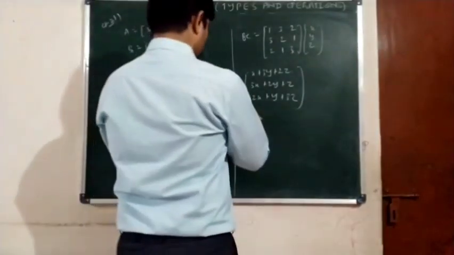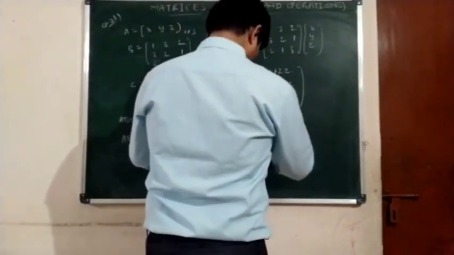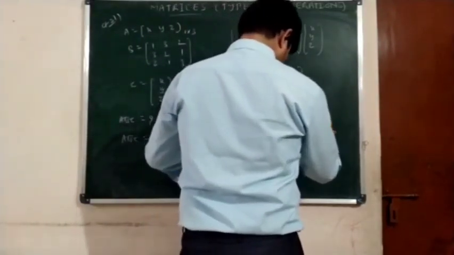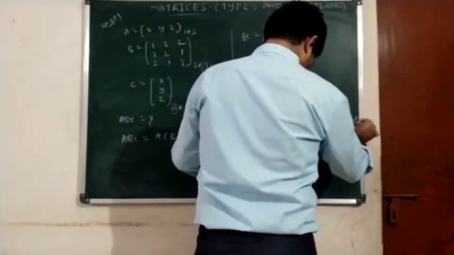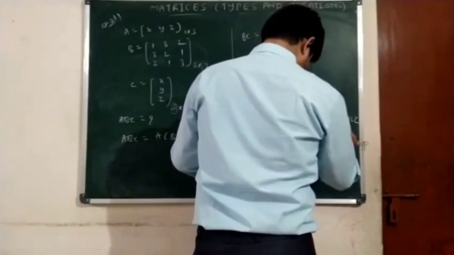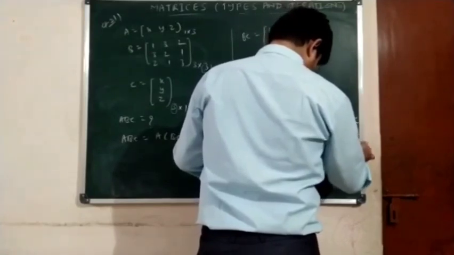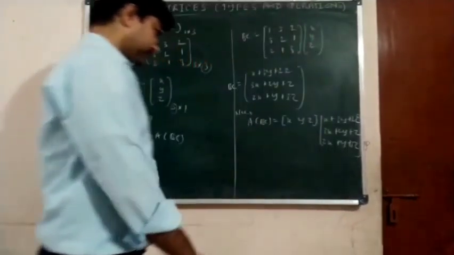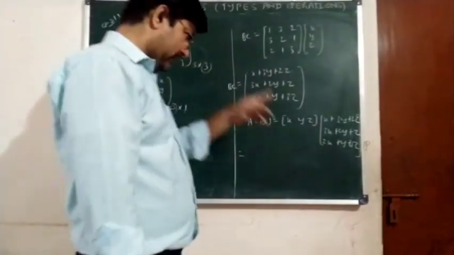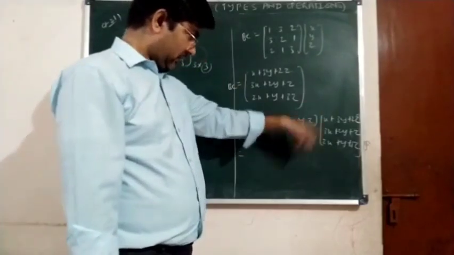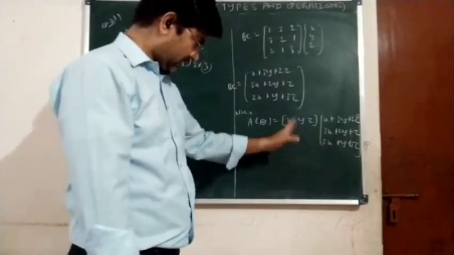Now we will find out A into BC, which will be equal to, now A is a row matrix and this is a column matrix. 3x plus 2y plus z and 2x plus y plus 3z. So let us multiply and write down. First with x, all the three rows added, y into 3 terms and then plus z into 3 terms.